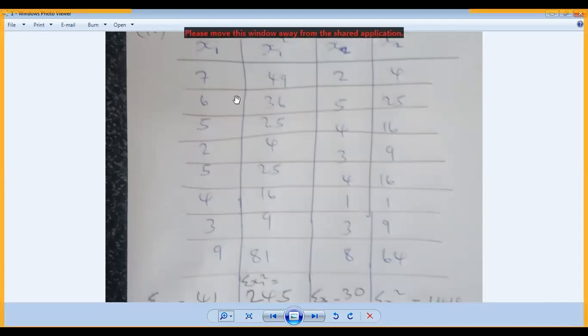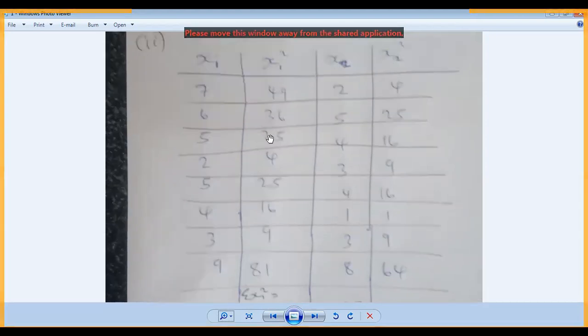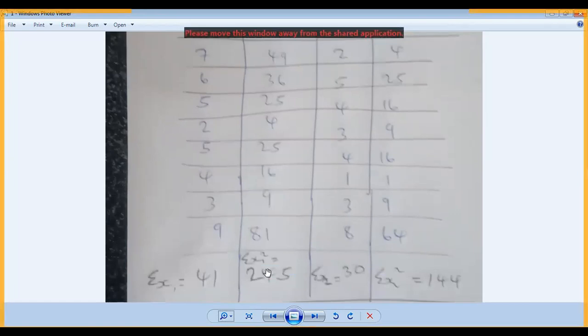So what we do is we add all the values for x1, which gives a summation of x1, which is 41. We also then have to square all the values in group 1, represented there by x1 squared. For instance, 7 squared, which gives us 49, 6 squared, which gives us 36. And then we add all those values, and it gives us summation of x1 squared, which is 245.